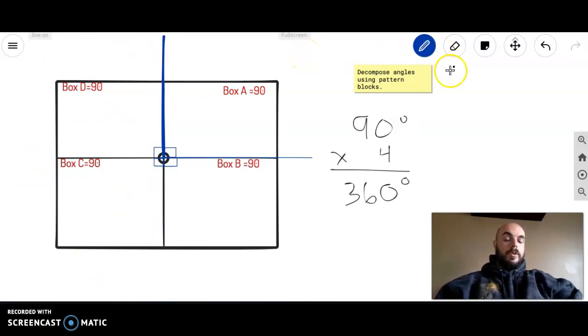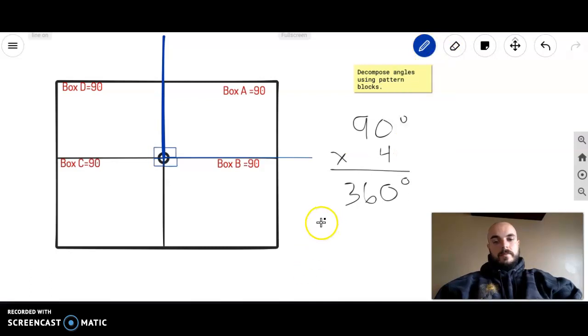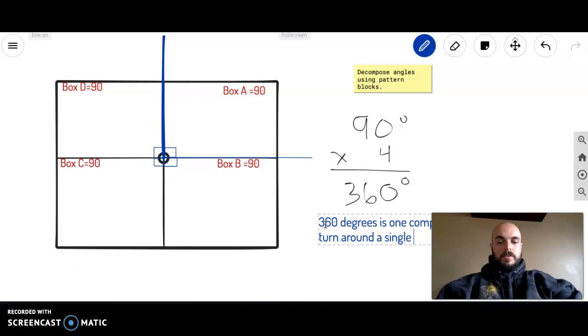And what's really cool about that is that even though this is a square, we can define 360 degrees not just around a circle anymore, but we can define 360 degrees as one complete turn around a single point.